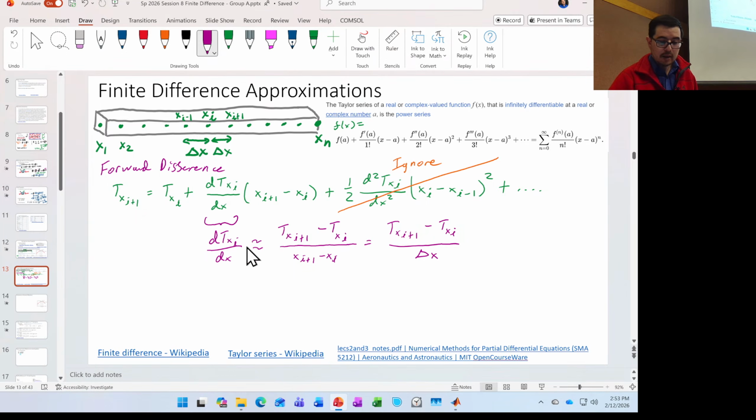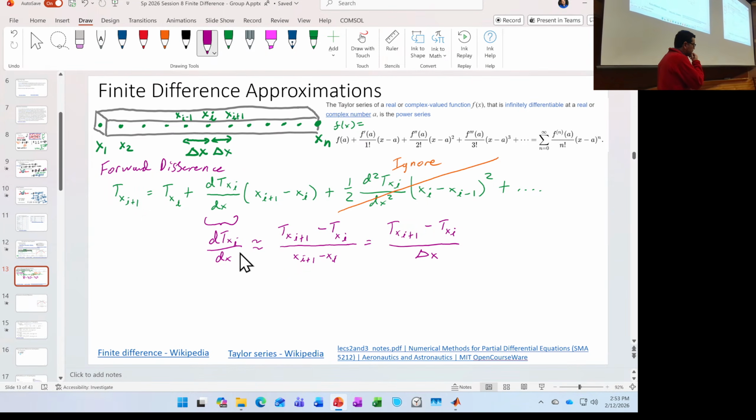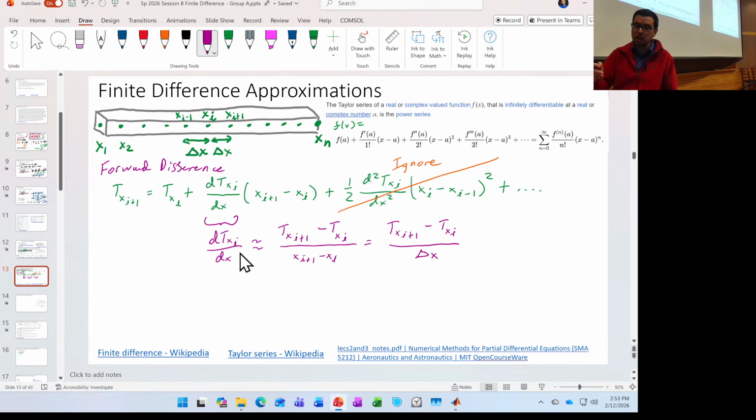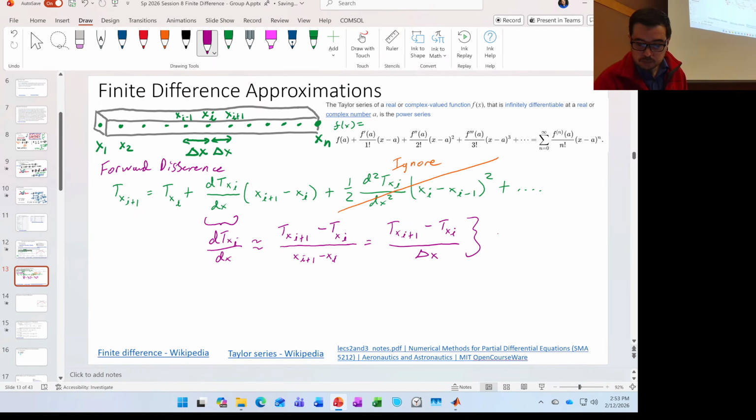And in a truer form, usually what we're looking at is this slope term. So this one would really be what you use, the forward difference, and what we will use.